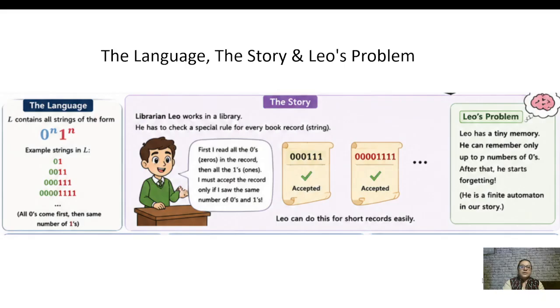Can a finite automaton recognize the language? Here Leo is a librarian with a finite, tiny memory. He has to approve any book which comes with the condition that 0 to the power n, 1 to the power n is satisfied.